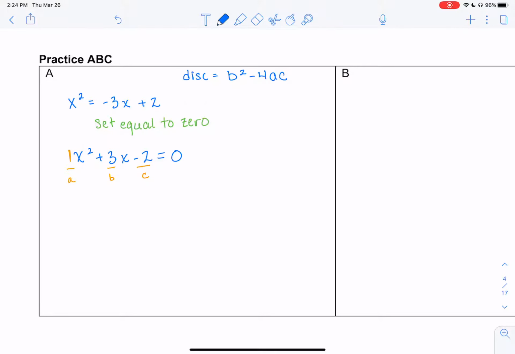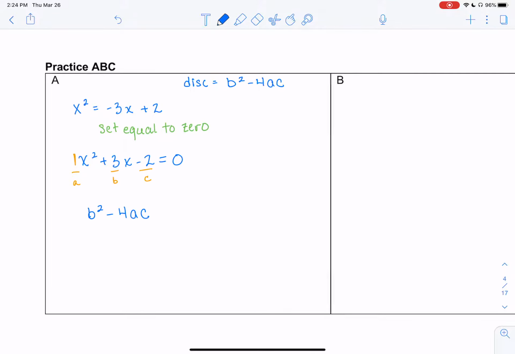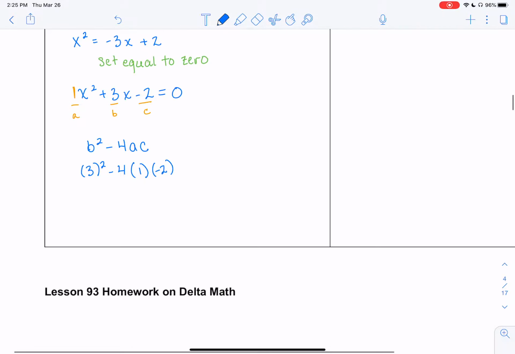Next, I go back to b squared minus 4ac, and I plug in the values for each letter. So b is 3 squared minus 4 times 1 times negative 2. That negative has to come in with the c. Simplify that, and it looks like 9 minus 4 times negative 2, which is 9 plus 8, which is 17.